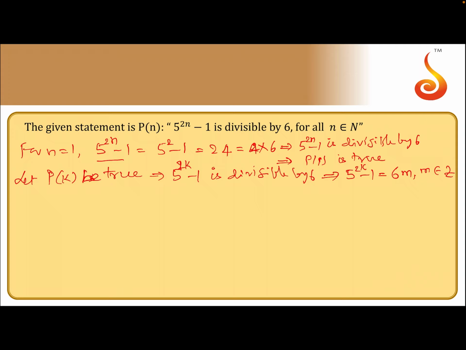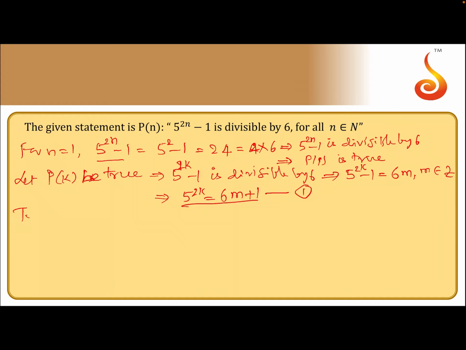That implies 5 to the power of 2k is equal to 6m plus 1.